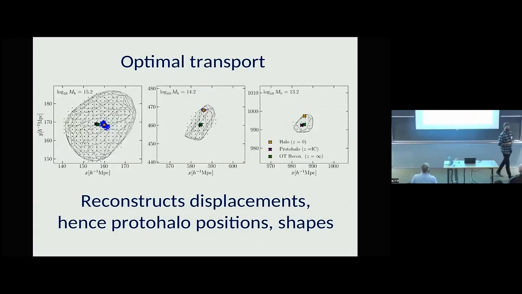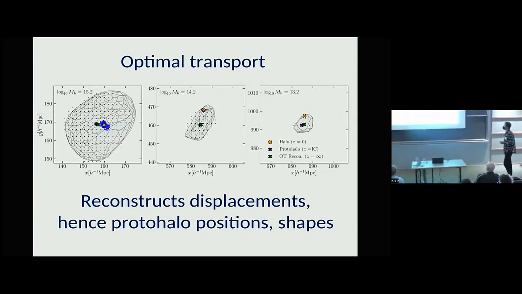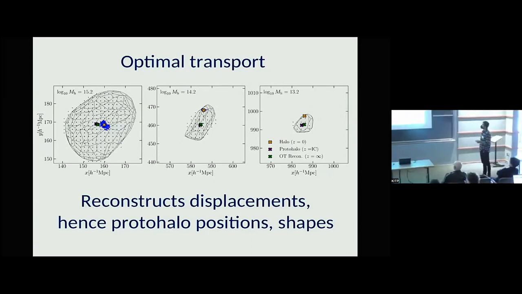So here's how well it does. For a massive halo, 10 to the 15 solar masses, 10 to the 14, 10 to the 13. Let's look at the massive guy first. The blue dots are all the particles that made up the halo at redshift 0 and where they were at redshift 0.